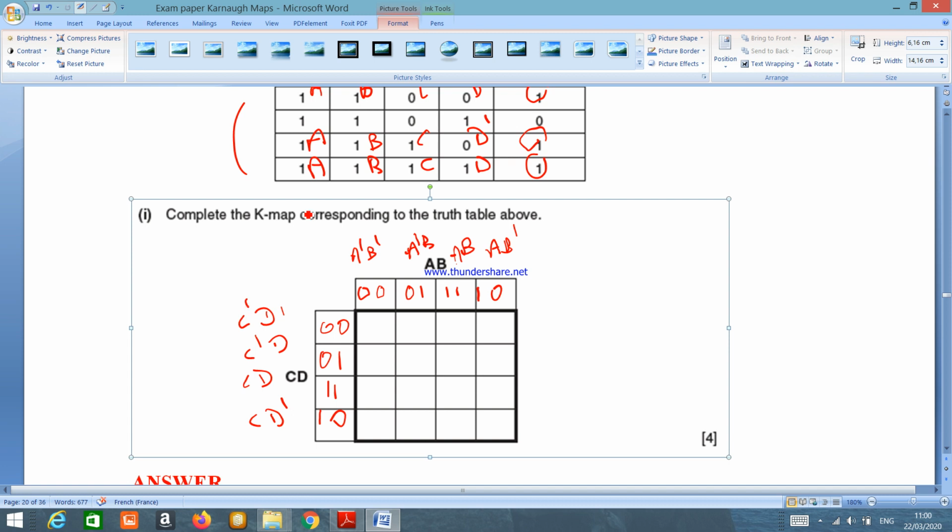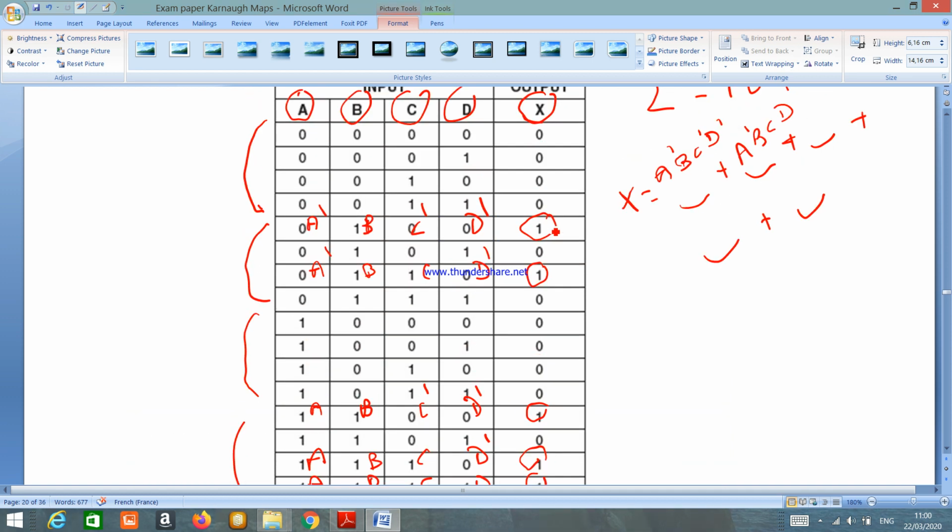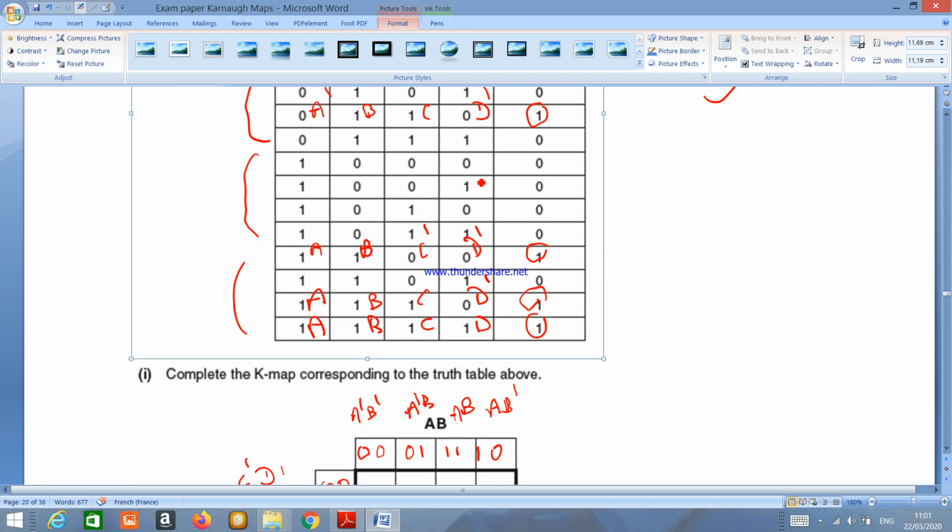Now if you look at the terms here, the first term is 1, A is 0, B is 1, C is 0, D is 0. So you go to your map.